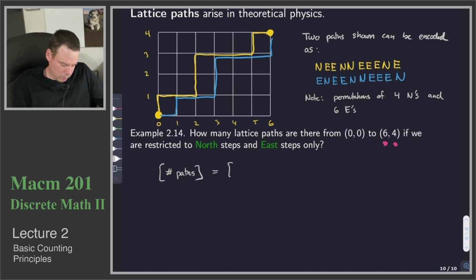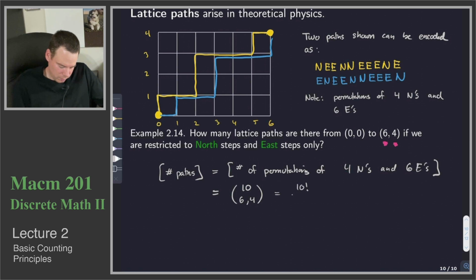is equal to the number of permutations of 4 N's and 6 E's. And that's given by 10 choose 6, 4, or 10 factorial over 6 factorial, 4 factorial.